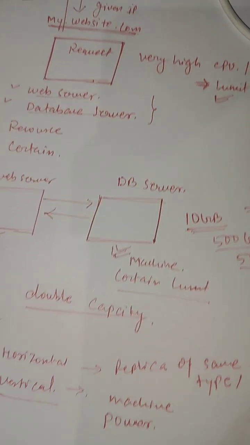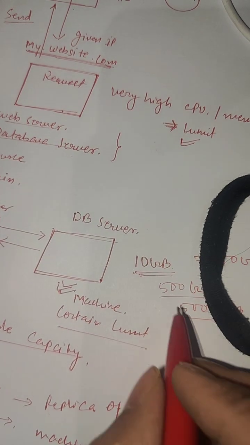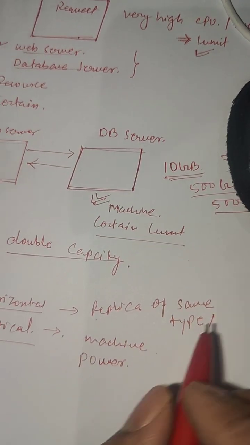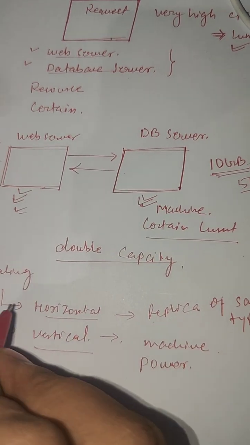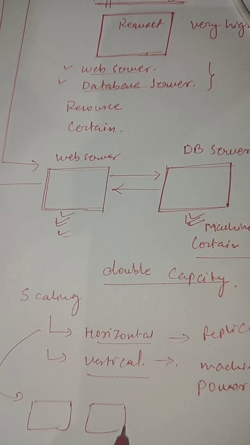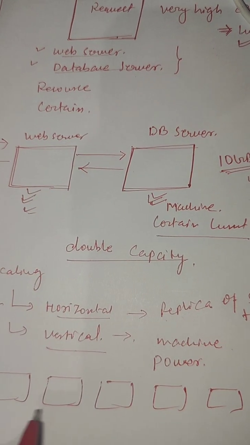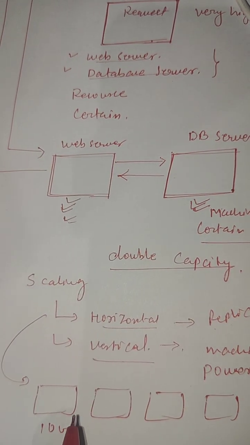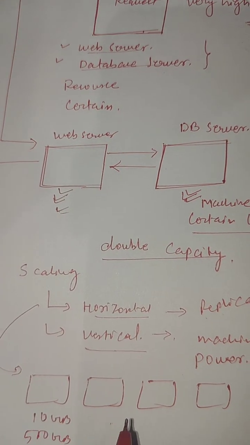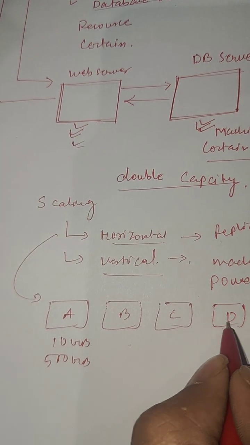But with horizontal scaling, rather than increasing the power of a single machine, you will add similar machines to your server. You will add multiple such machines with the same capability, like 10 GB and 500 GB. Similarly, like this, everything A, B, C, D, E.